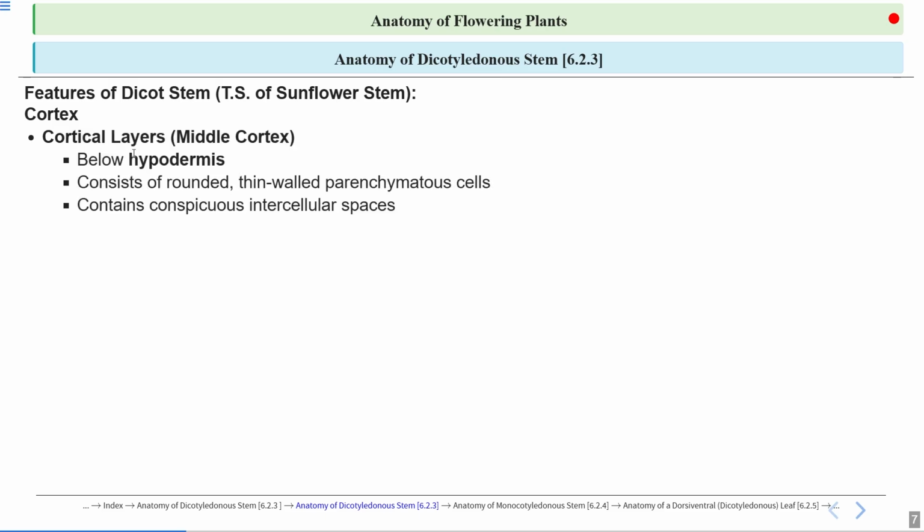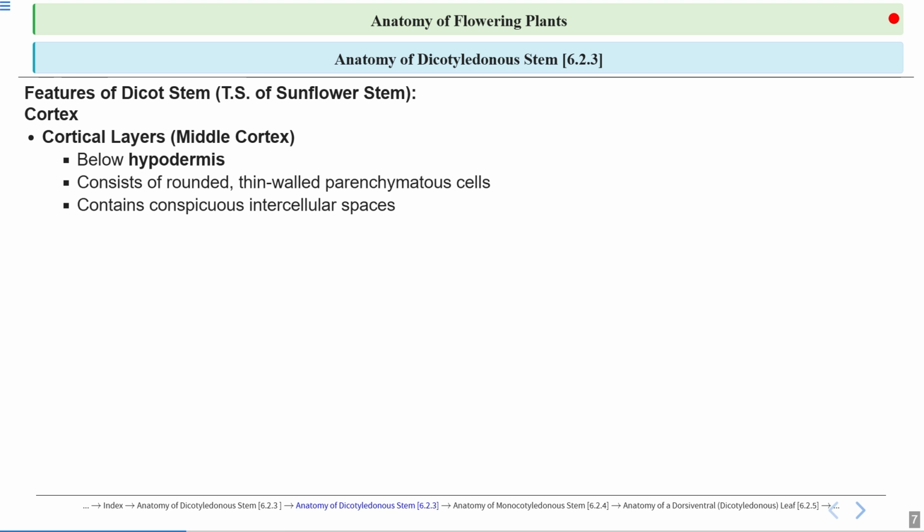Again, we will talk about the cortex, because the cortex has been divided into how many regions? 3 regions. The first region was the hypodermis. Now the second region is the cortical layers, called the middle cortex. It is present just below the hypodermis.